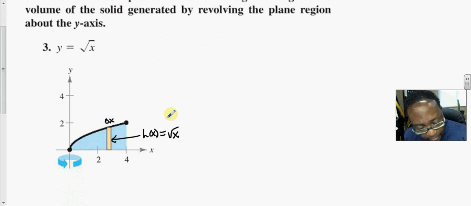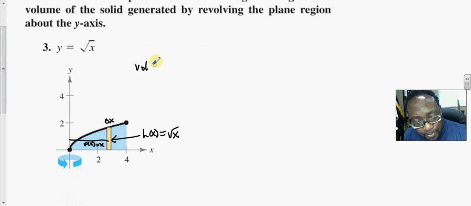That's the square root of x. And then the distance from the axis of revolution to the center of the radius is p. Here this is p of x, and p of x is equal to x.